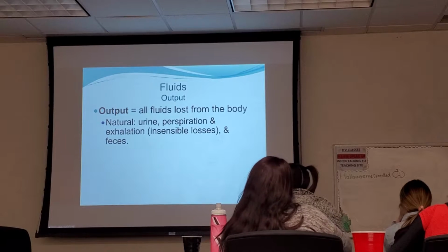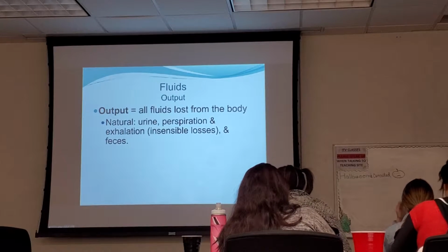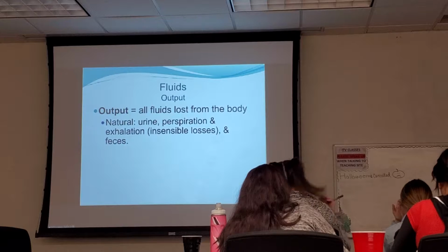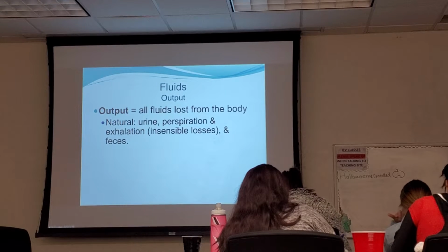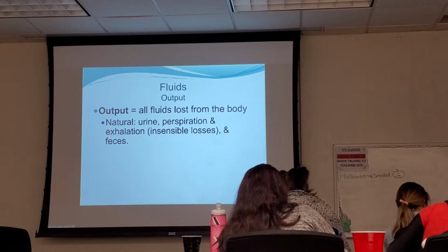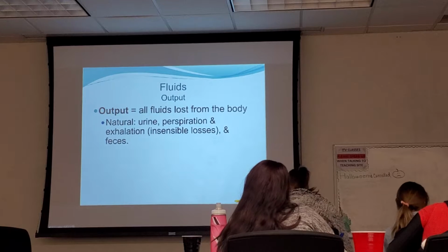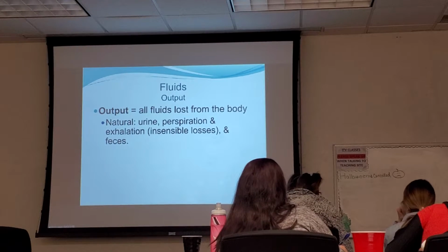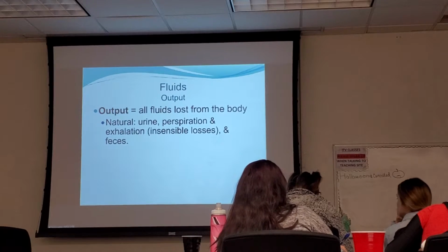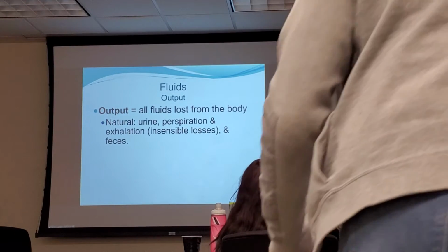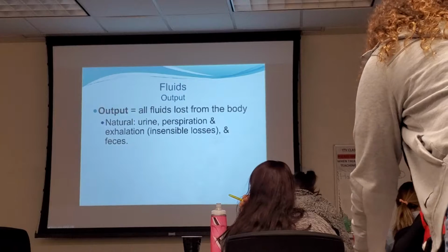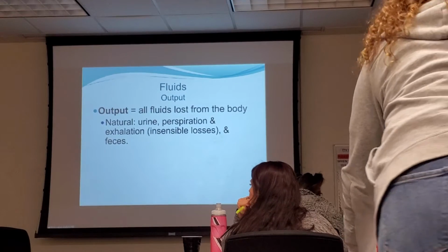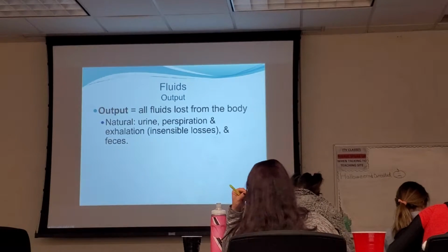Our sweat and our exhalation, our condensate that's in our breath, we refer to those as insensible losses. In other words, they can't be measured, but they are real, and they are significant over the course of a 24-hour period. Some people estimate it to be approximately 500 to 1,000 mL a day is lost through the moisture of our skin and our exhaled breath.